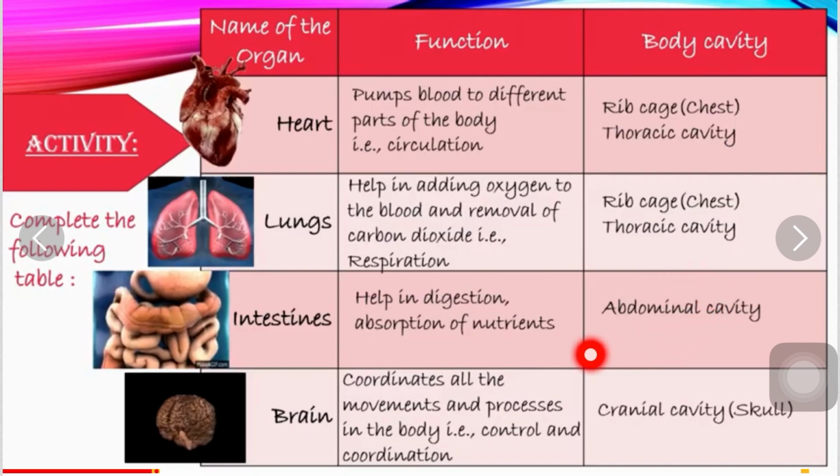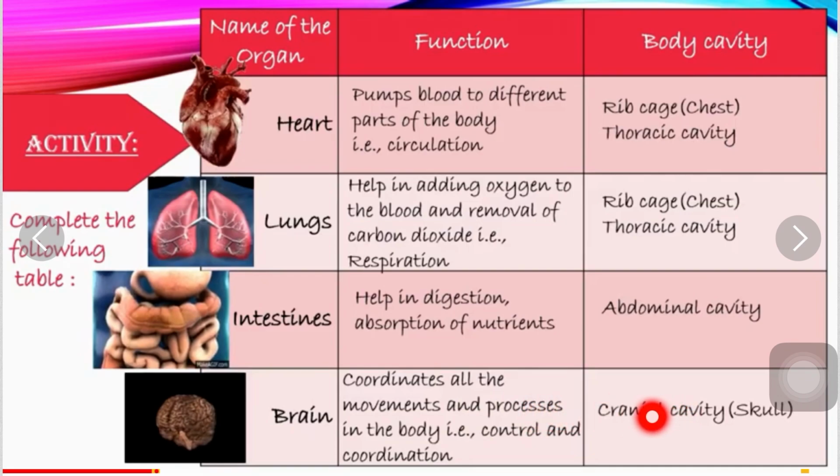And the last one is the brain. It coordinates all the movements and processes in the body. Whatever we perform, we react, and whatever life processes go on inside us, everything is coordinated with the help of the brain.